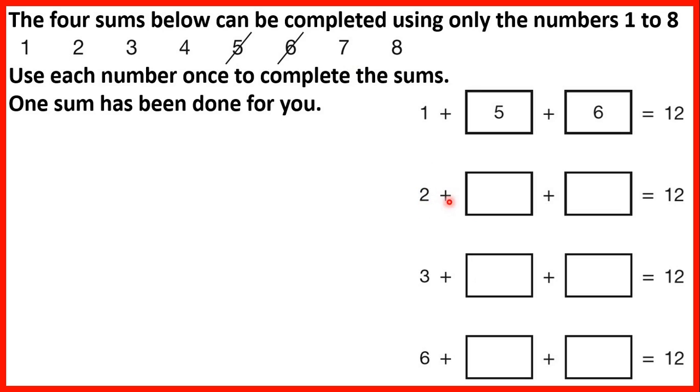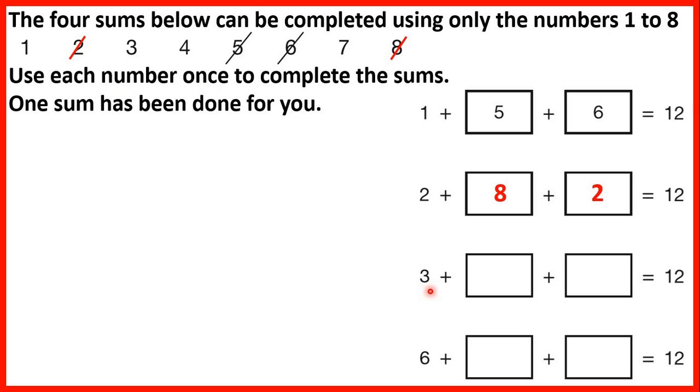So we have 2 plus something equals 12. Well, let's put 8 in this box here, and 2 plus 8 is 10, so we need 2 more to make 12. So we can cross off 8 and 2 to remind us that we've used those numbers, because we can only use each number once.